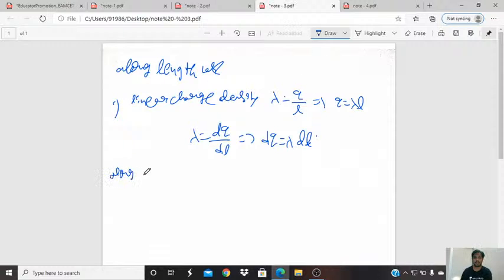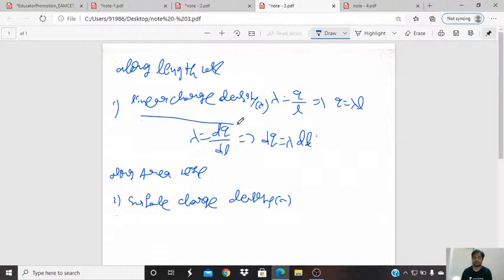And next, along area, that means surface charge density, sigma. Surface charge density sigma equals charge per unit area, A or S, no problem.